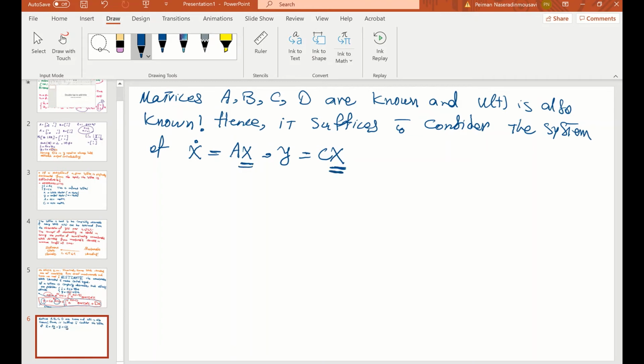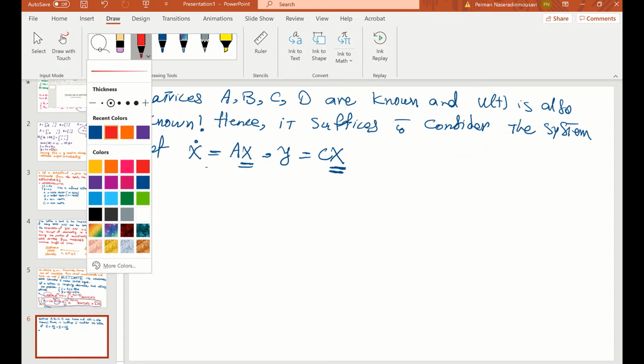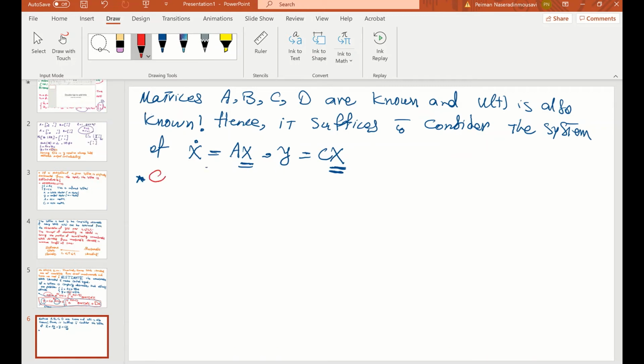That's right. So having that, now we have to consider the condition, as we did for the controllability, for a complete observability of systems.